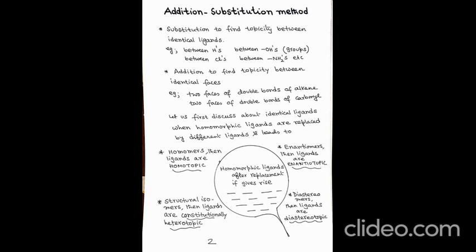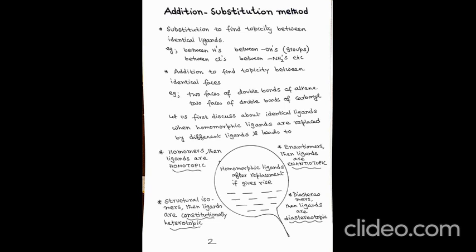First we have to consider the homomorphic ligands. Homomorphic ligands means they are identical atoms or they can be identical groups also, like two hydrogens or two OHs or nitros or chlorines or two nitrogens or two NH2s, like that.